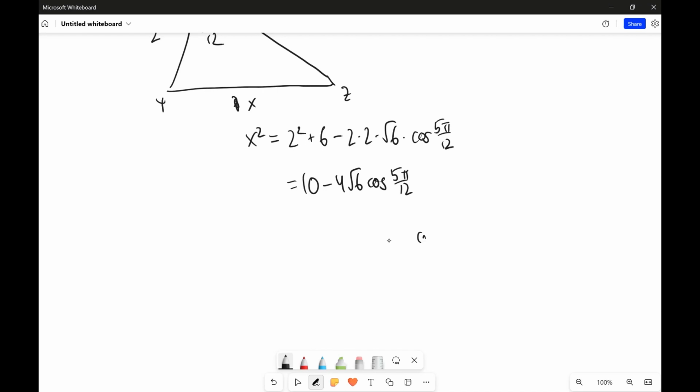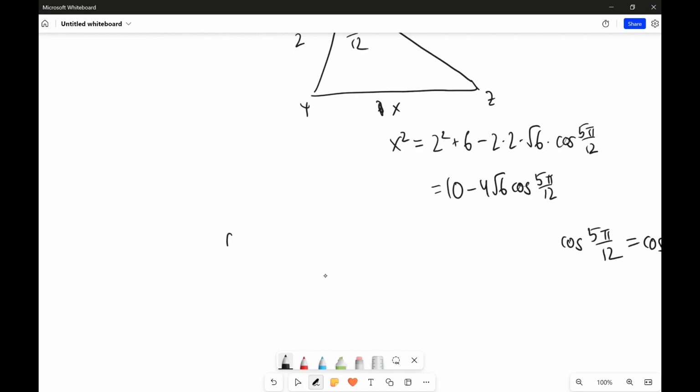Well, it's pretty well known that the cosine of 5 pi over 12, which is just the cosine of 75 degrees for those who like degrees more, is root 6 minus root 2 over 4. If you want to derive this yourself, cosine of 75 degrees is equal to cosine of 45 degrees plus 30 degrees, and then you can use the cosine addition formula.